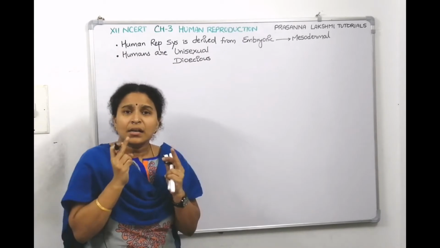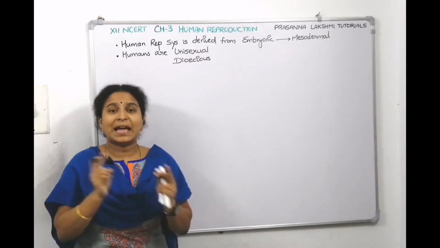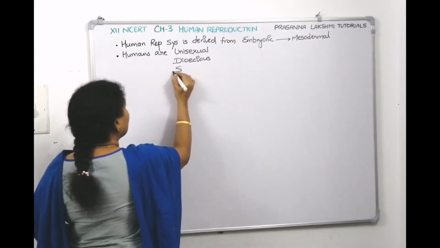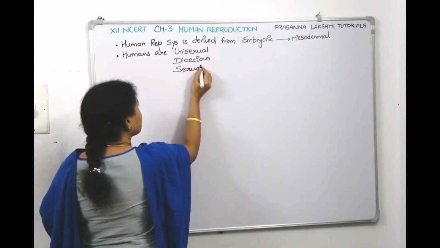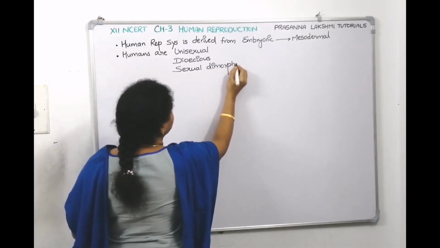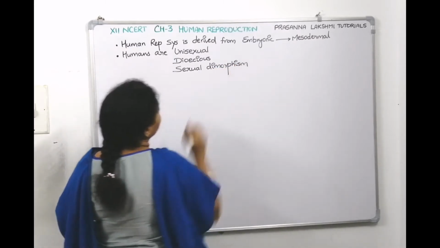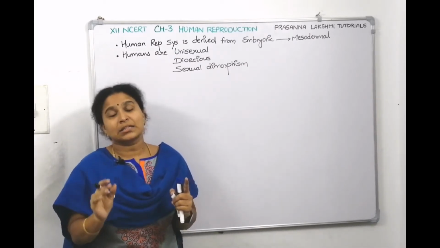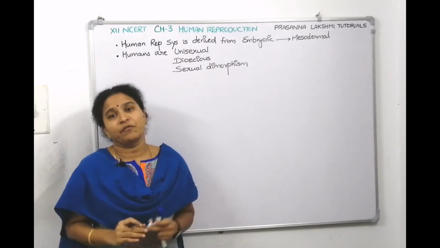And there is clear cut differentiation between males and females, means sexual dimorphism is exhibited. What do you mean by sexual dimorphism? Clear cut distinction between males and females, right?